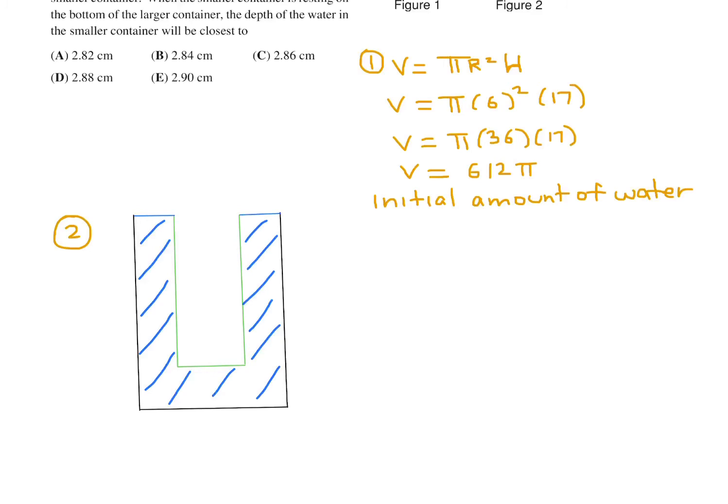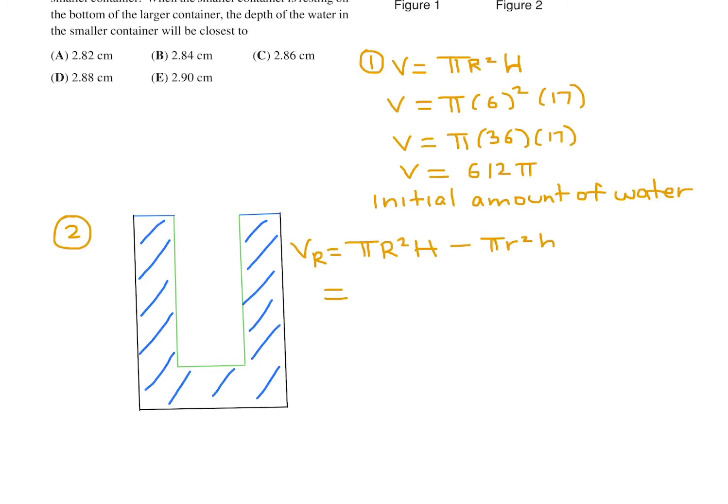Well, we take pi big R squared times height, the whole cylinder, and then we subtract from it, obviously, the empty small cylinder, which is going to be pi small r squared small h, like that. Okay? And this is VR, volume of water remaining.